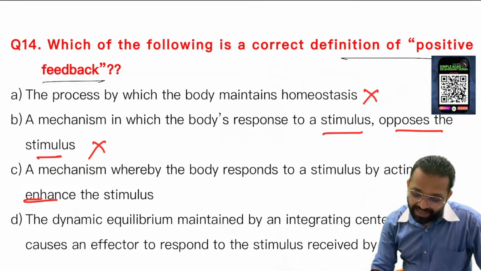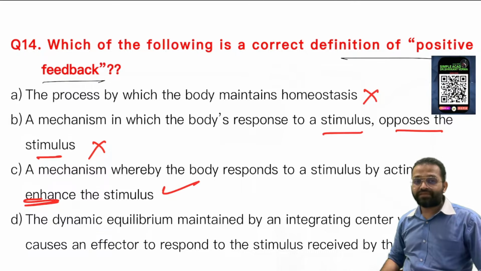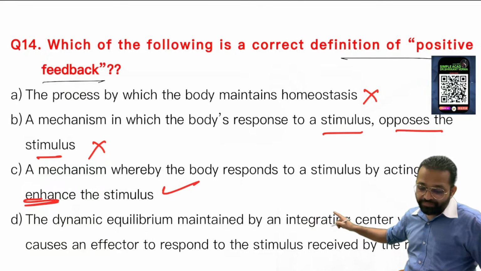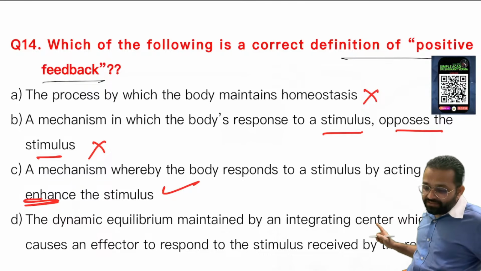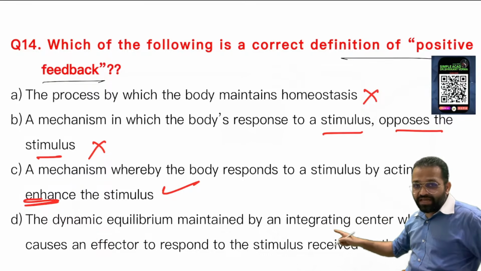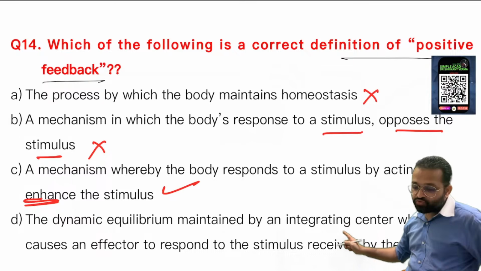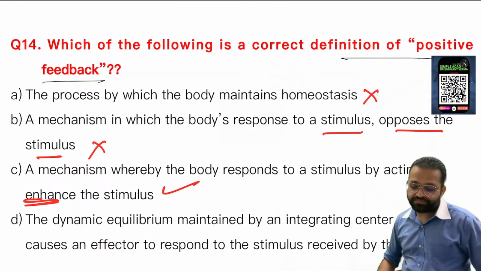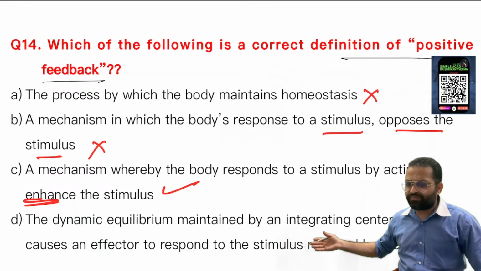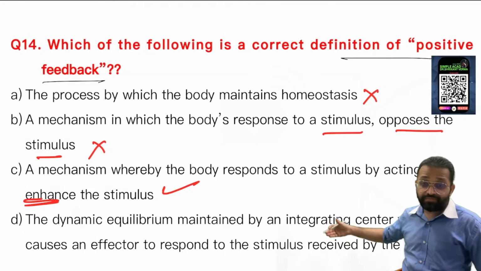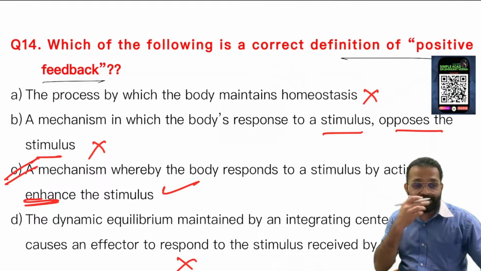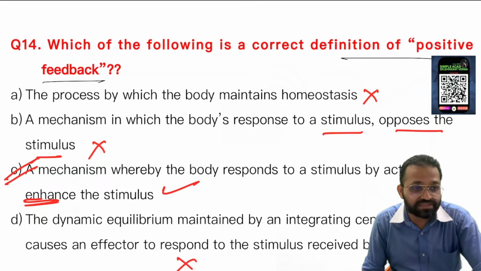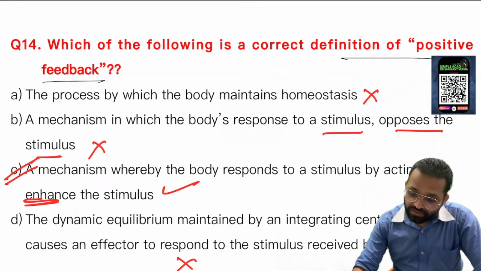Yes, enhancing. It is right. The dynamic equilibrium maintained by an integrating center, which causes an effector to respond to the stimulus received by the receptor? So it is not the dynamic equilibrium. Yes, it is an enhancing mechanism, so this is not the answer. Answer is C. Agree? Yes, Jyoti, you are right, C is the answer. Now, come to the next.